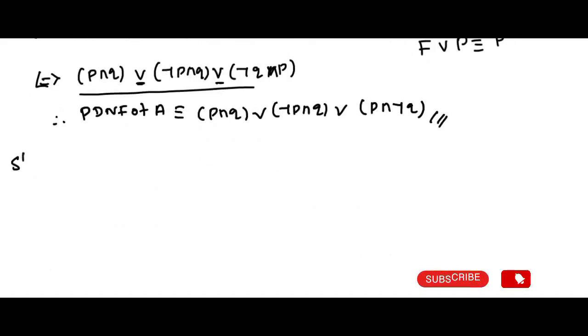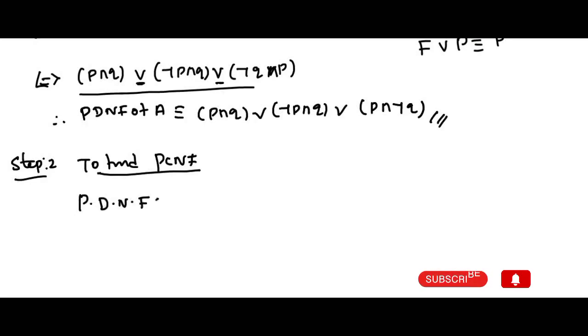Now find the PCNF. Step number 2: to find the PCNF of the given problem, first, the missing terms of the PDNF of negation A. We have four min terms, and here we got three min terms.